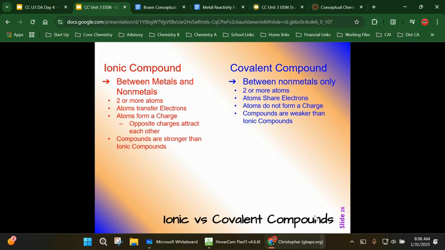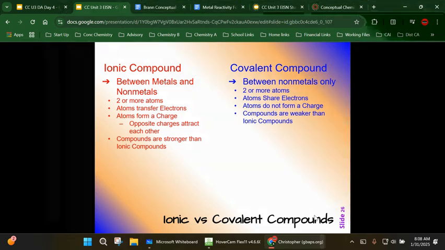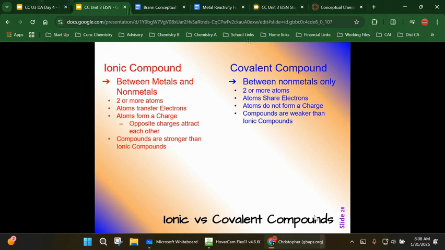Okay? Gold still wants, if it does anything, it wants to lose electrons. But it's not very reactive. So even if gold comes around oxygen or nitrogen or chlorine or fluorine or bromine or one of the other nonmetals, it's like, okay, well, I really don't want to lose my electrons anyway because I'm not very reactive. Okay? We learned that in the lab yesterday.